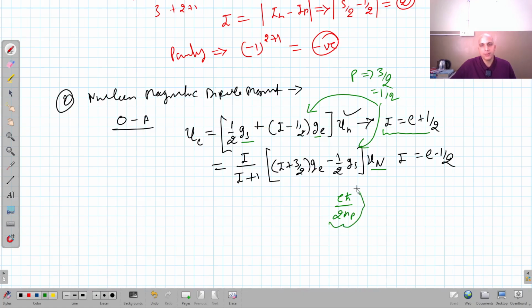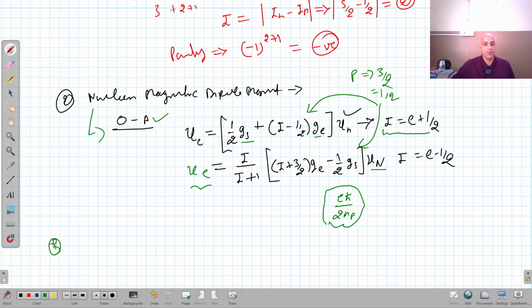We know very well that it is a unit for the measurement of magnetic dipole moments of the nucleus, right? So this is the formula that we have to remember for finding the magnetic dipole moments of odd A nuclei only. Because for even A nuclei, it is predicting zero magnetic dipole moment, right?